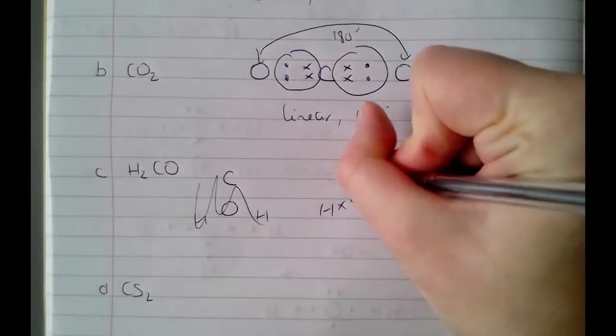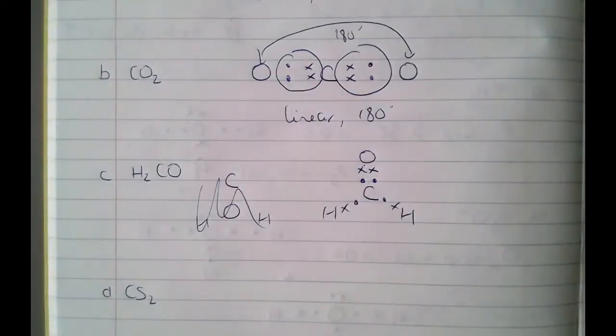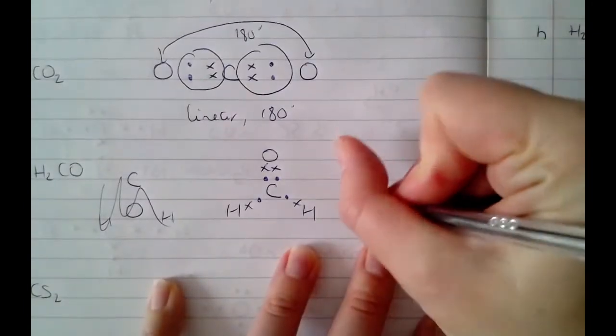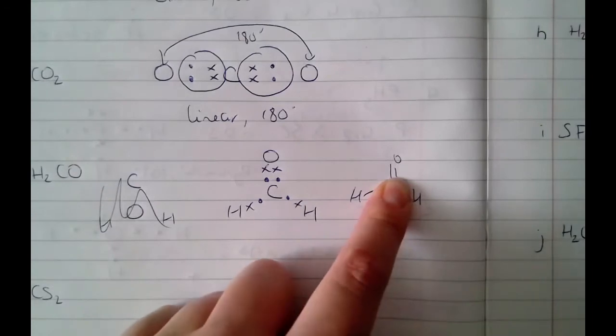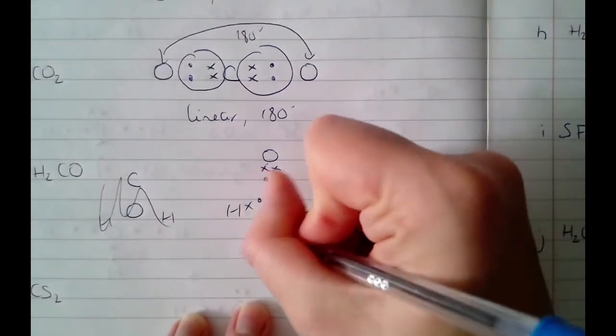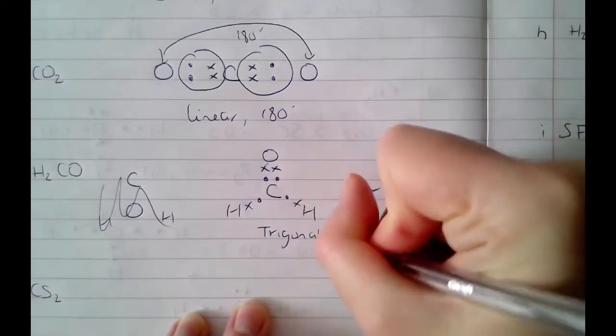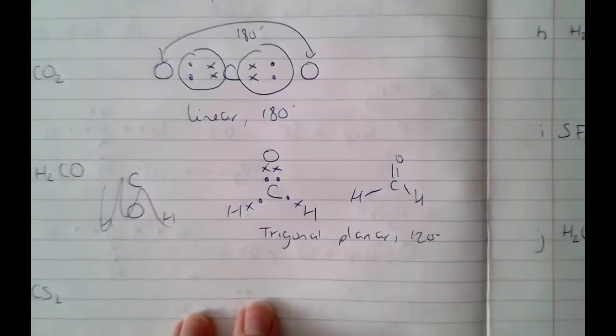So this works out really well. Carbon wants to form 2 more bonds. Oxygen also wants to form 2, so they form a double bond. So again, when you've got a double bond, it's just 1 bonding region. So I've got 1, 2, 3 bonding regions. That makes it trigonal planar, and the bond angle is 120 degrees.